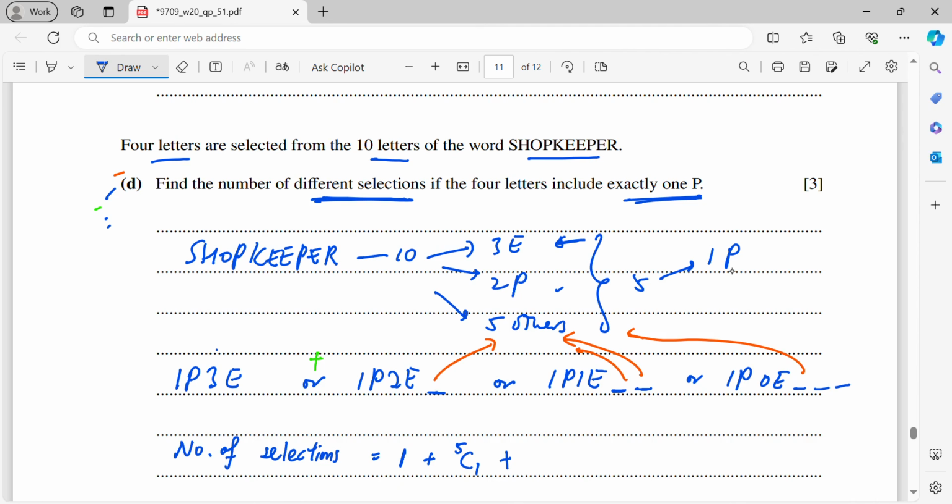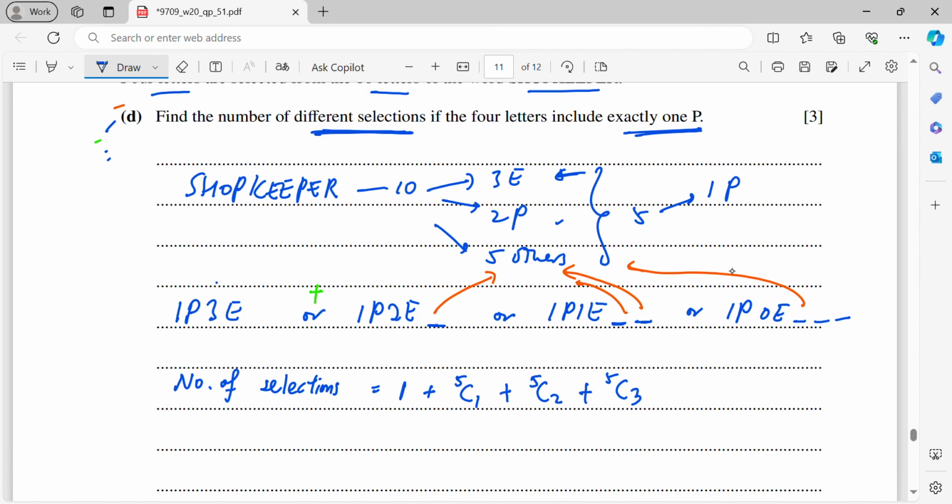Then I need 2 others from 5, therefore 5C2. Or I need 3 others, so 5C3. Then from here, you will get 1 plus 5 plus 10 plus 10. Therefore, the answer is 26. So there are 26 ways to select 4 letters which include just 1 P.